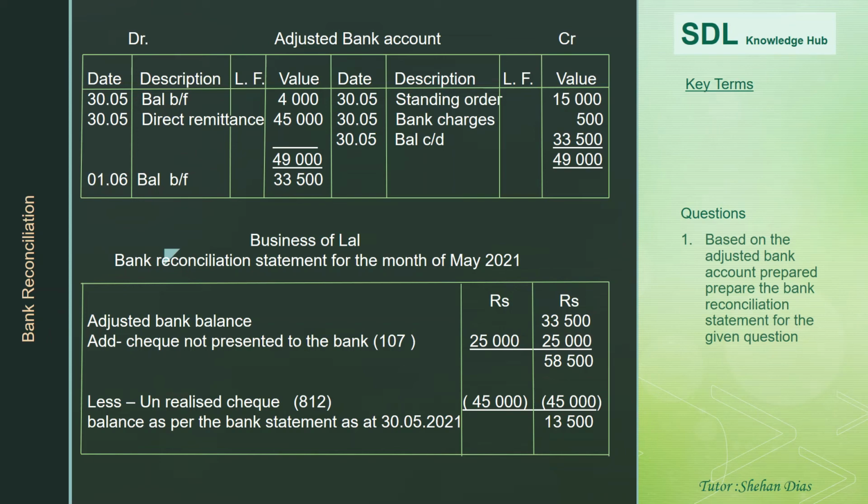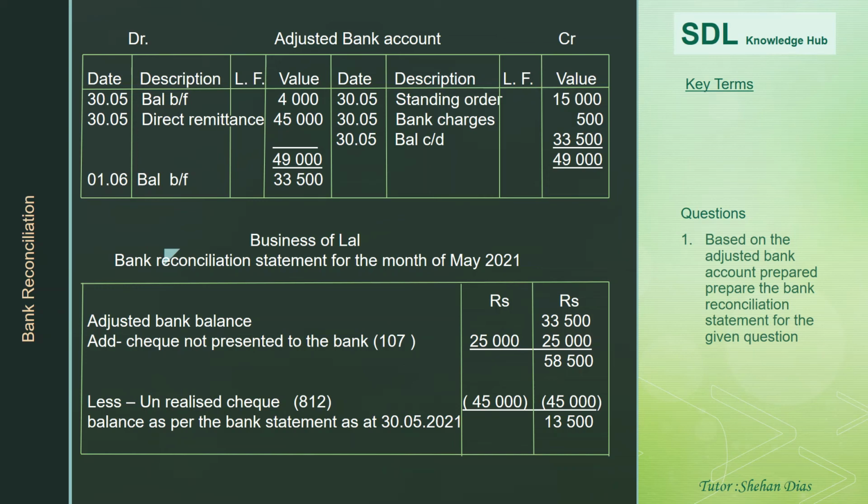So this can be used to prepare the bank reconciliation statement. We say the business of Lal, bank reconciliation statement for the month of May 2021, starting with the adjusted bank balance of 33,500. As we told earlier, you have to add checks not presented to the bank and deduct checks deposited but not realized, or unrealized checks.